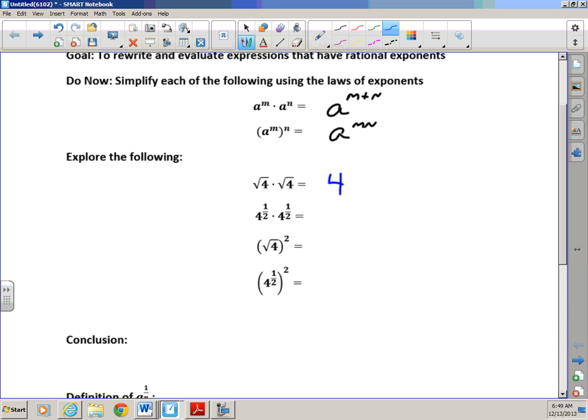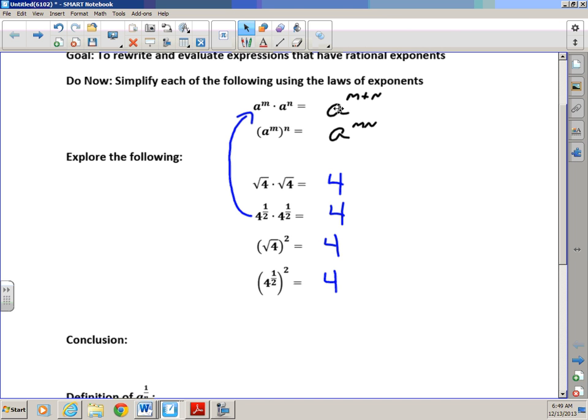Now, using our rule up here, 4 to the half power times 4 to the half power is 4, because 1/2 plus 1/2 is 1. The square root of 4 squared, hopefully you realize that is also 4. And then 4 to the half power squared is also 4.